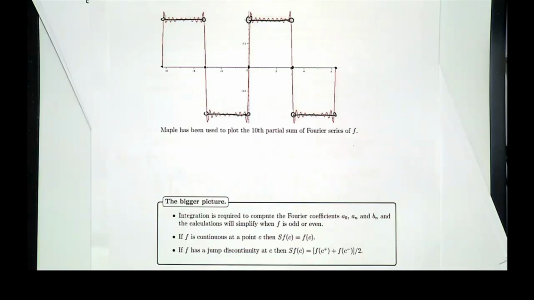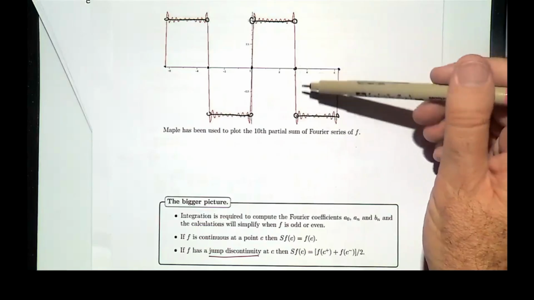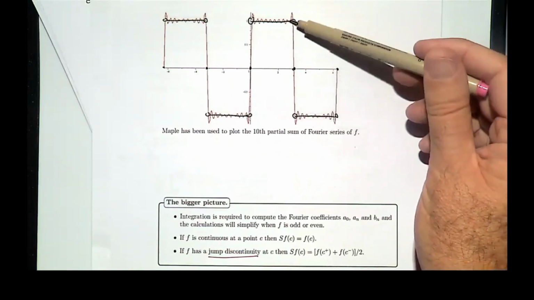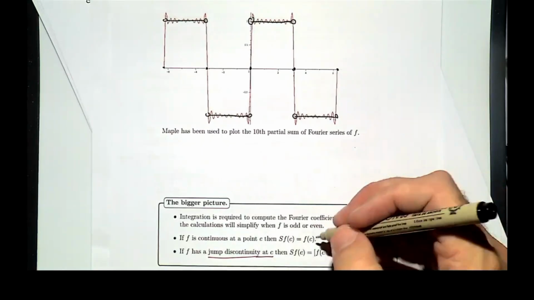If the original function that you're trying to approximate or describe has a jump discontinuity, like those things, then the value of the Fourier series at that point of discontinuity is this. It's the average of the two limits, right?